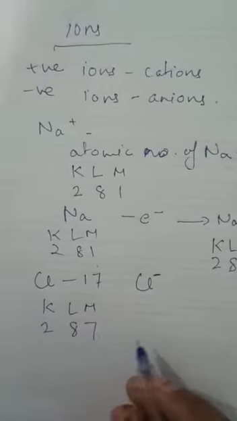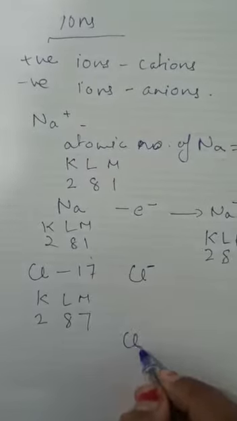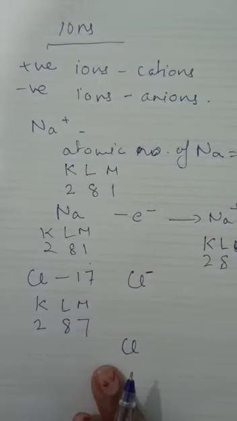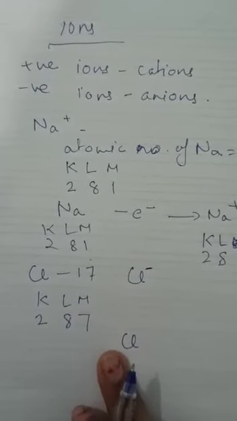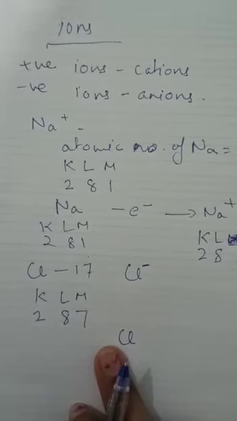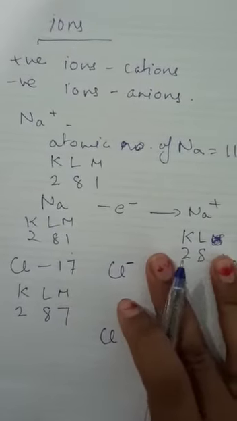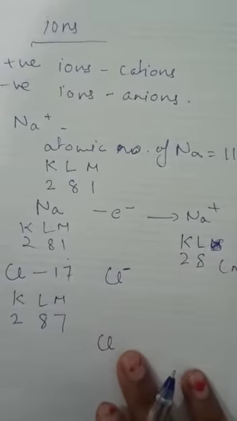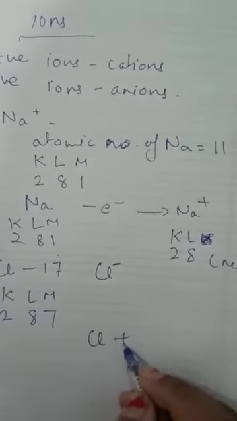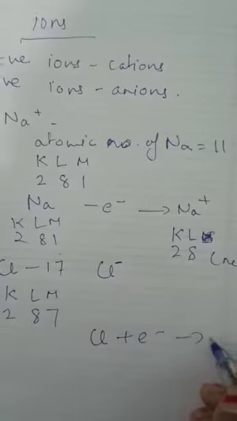Now, as we did in the case of sodium, we will do the same thing for chlorine, but the difference is that the sodium atom loses one electron, while chlorine will gain one electron. It will form the chlorine negative ion.